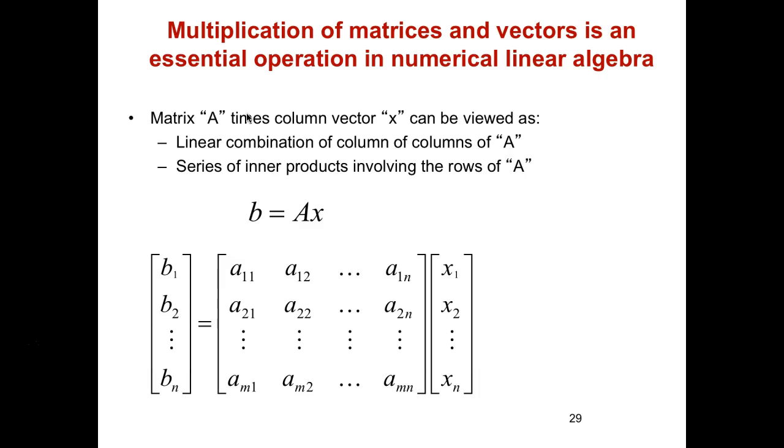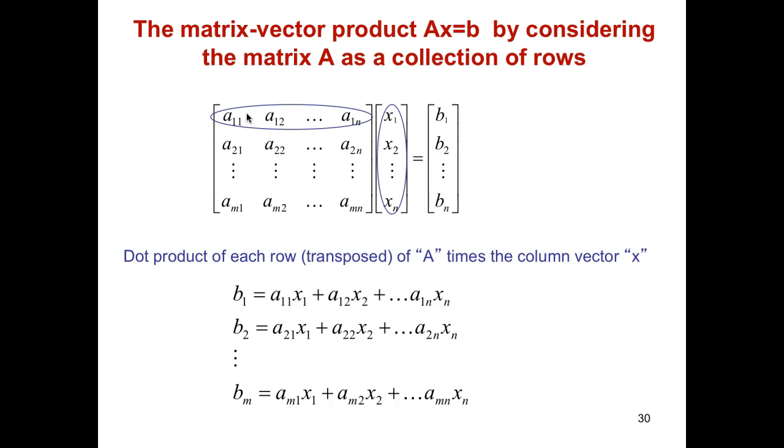Okay? So that allows me to take, in this row view, so to speak, of the multiplication, for instance the first row, and effectively do a scalar product between this row and this column. The scalar product simply sums up a11 times x1 plus a12 times x2 and so forth, and adds those up.